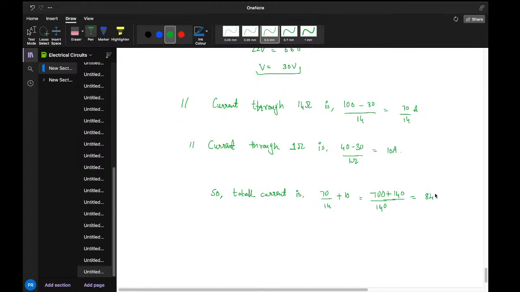So 840 divided by 140, which is 84 divided by 14 ampere.